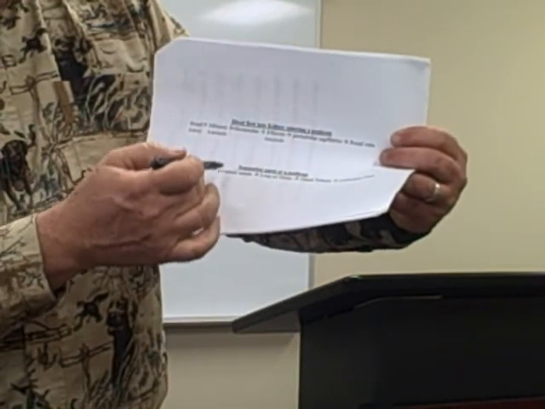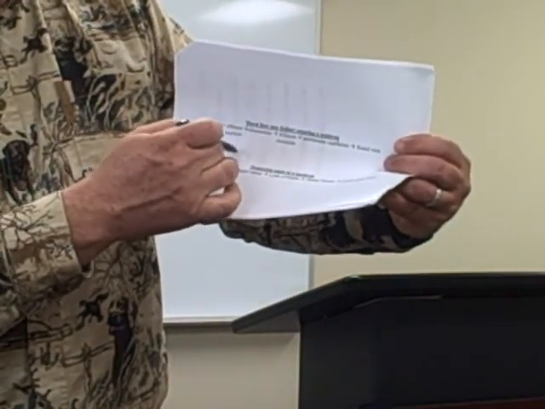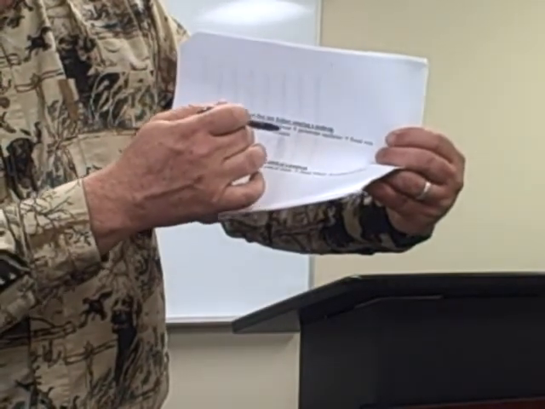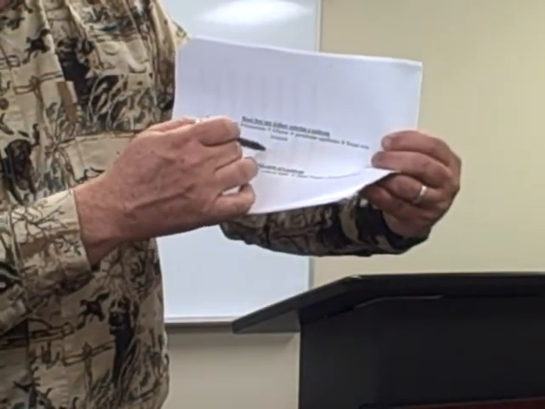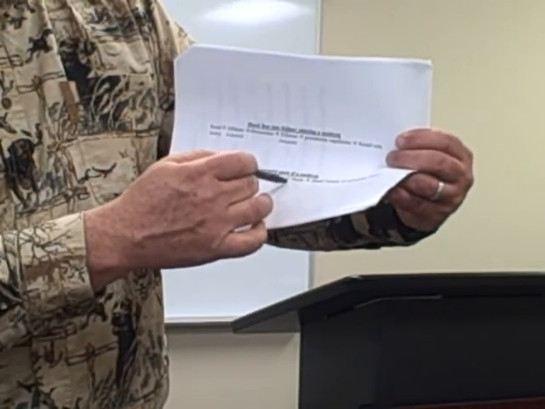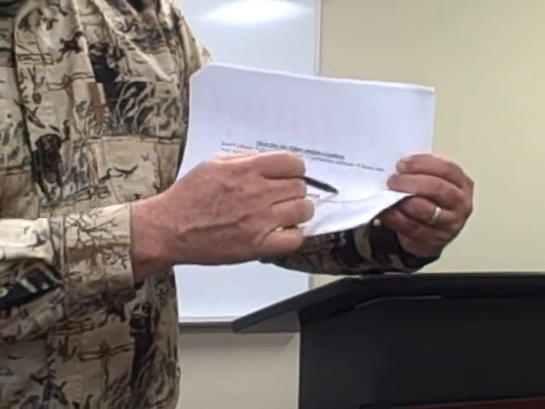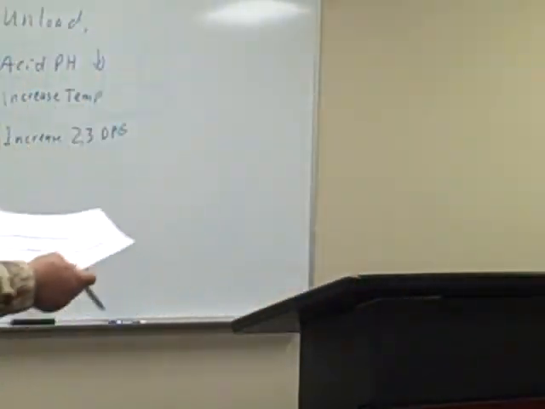And your correspondence is glomerulus, Bowman's capsule, efferent arteriole, proximal tubule, peritubular capillaries surrounds the loop of Henle, and distal tubule and renal vein. There's your correspondence in that.